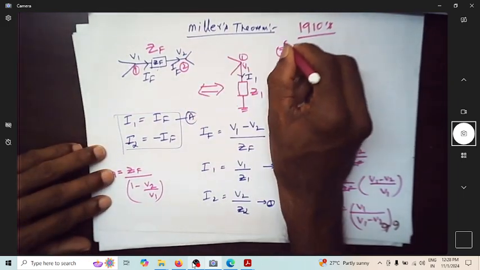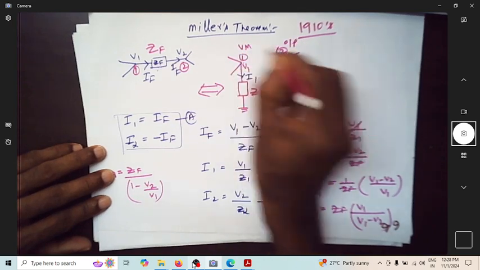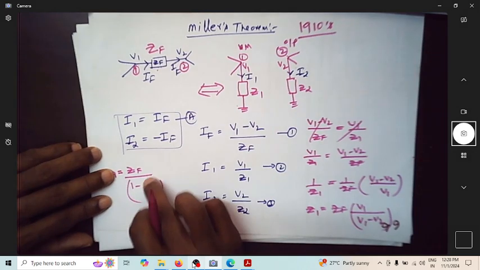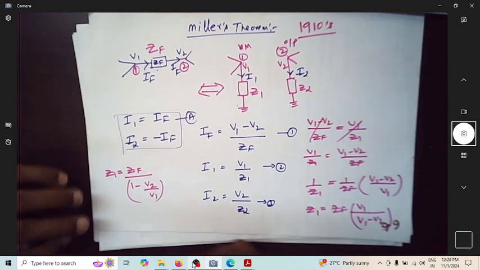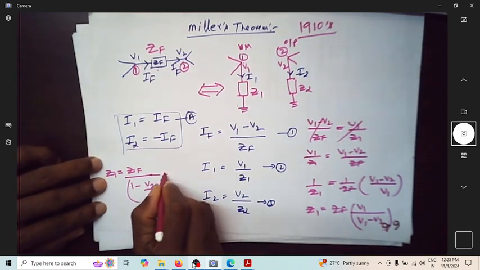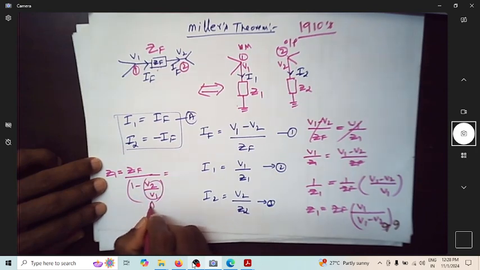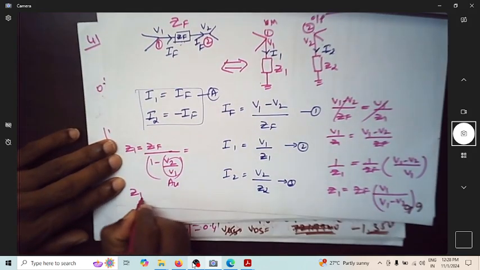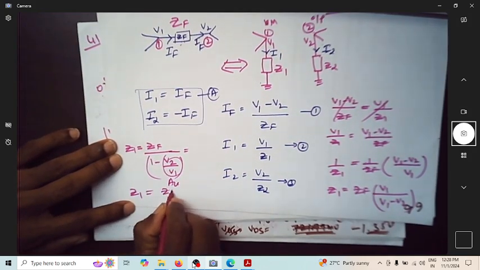Suppose you consider this as output, this as input. So what is this? Is it not output by input? What do we usually say output by input in terms of voltage ratio? Is it not the gain of the amplifier or gain of the circuit? So I will write Z1 as equal to ZF divided by 1 minus AB.